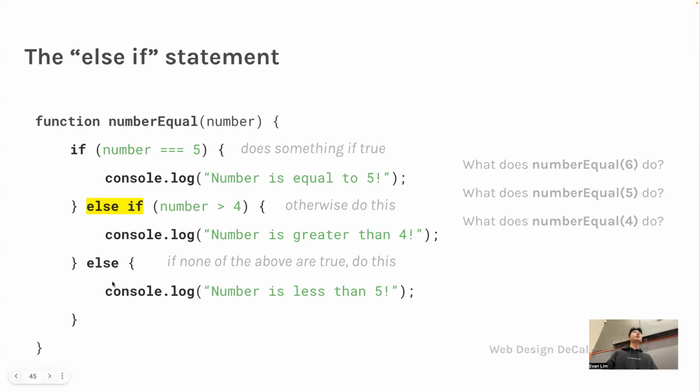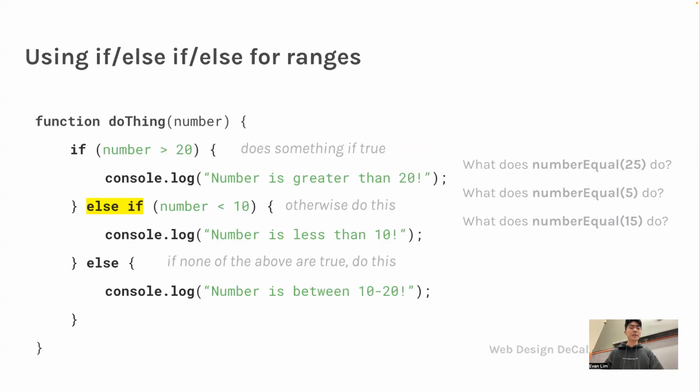We can now think of else as this kind of catch-all net, where if it didn't meet any of the conditions before, it's going to enter the else statement. And so one thing this might be useful for is expressing ranges without having to hard code values for every single possible case. Let's say we want to check the ranges between 10 and 20, and then everything else would just print whatever.